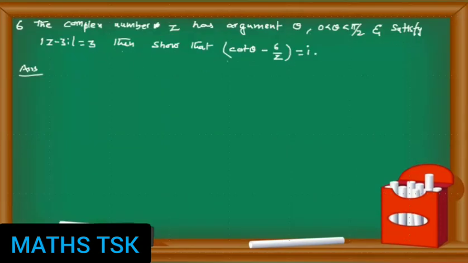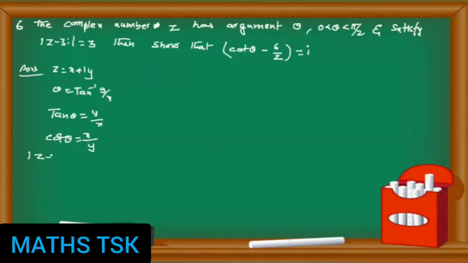Satisfy this equation. Then show that this is equal to i. Consider z is equal to x plus iy, a complex number. Arg z is nothing but theta. So theta is equal to, in the first quadrant, tan inverse of y by x. This implies tan theta is equal to y by x, which implies cot theta is equal to x by y. This is the first condition. Also given modulus of z minus 3i is equal to 3.